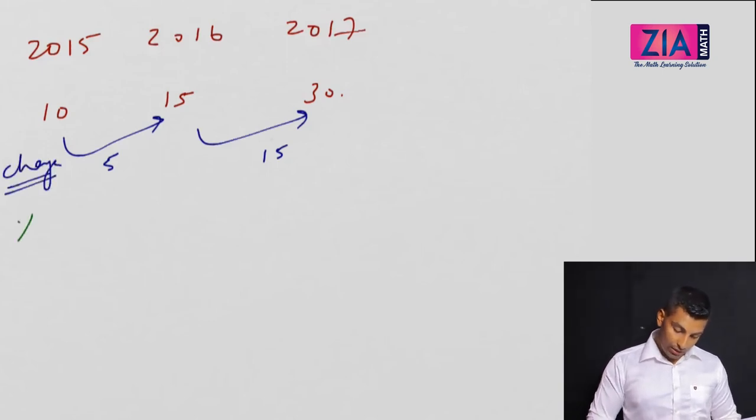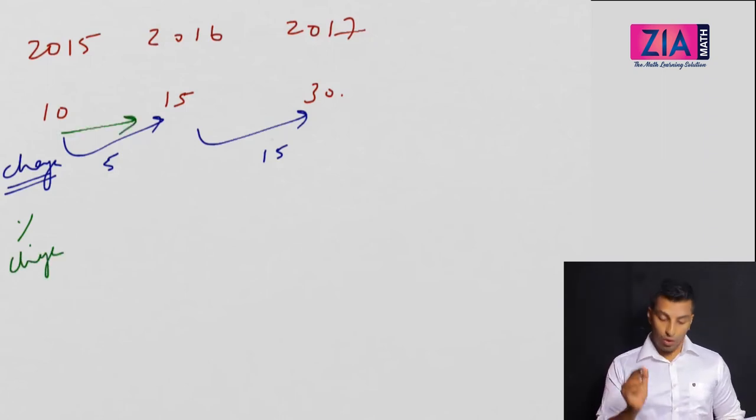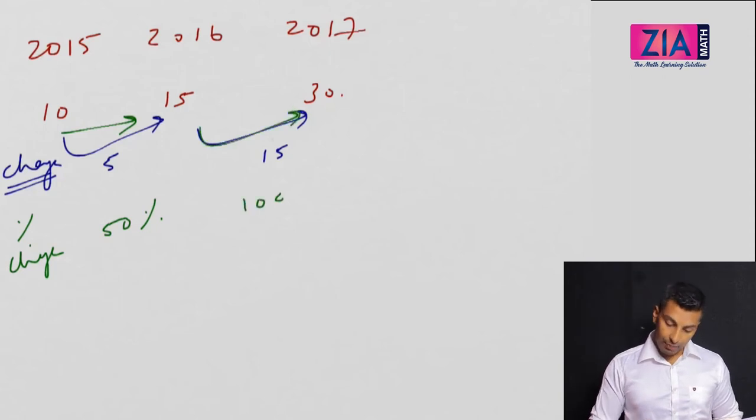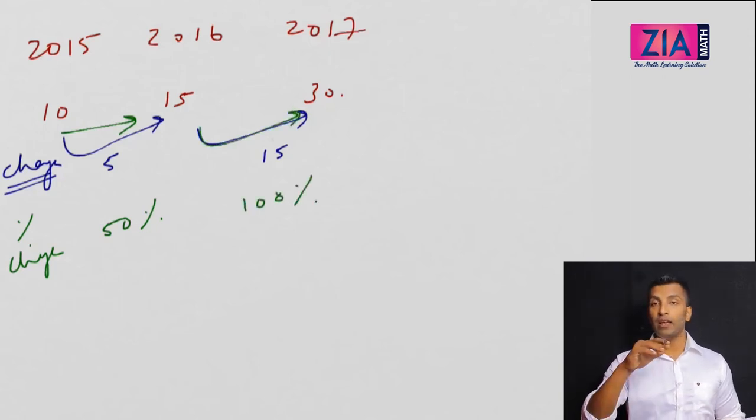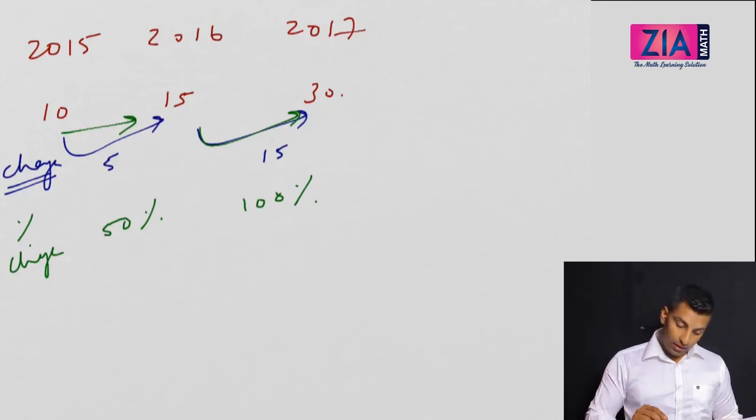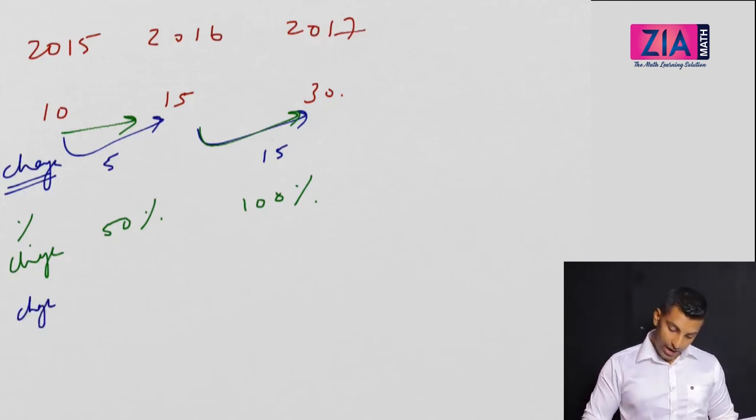Now if I ask you percentage change, what is the percentage change here? So what is the factor of multiplication? 1.5 minus 1, so 50% change is there. Here 100% change is there, 15 into 2 is 30, so 2 minus 1, 1, add 2 zeros. Now the third category we have learned is change in percentage change.